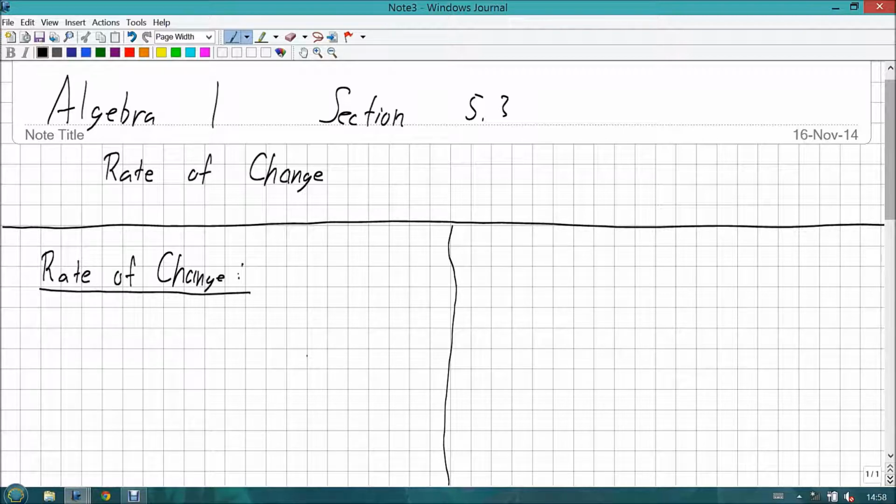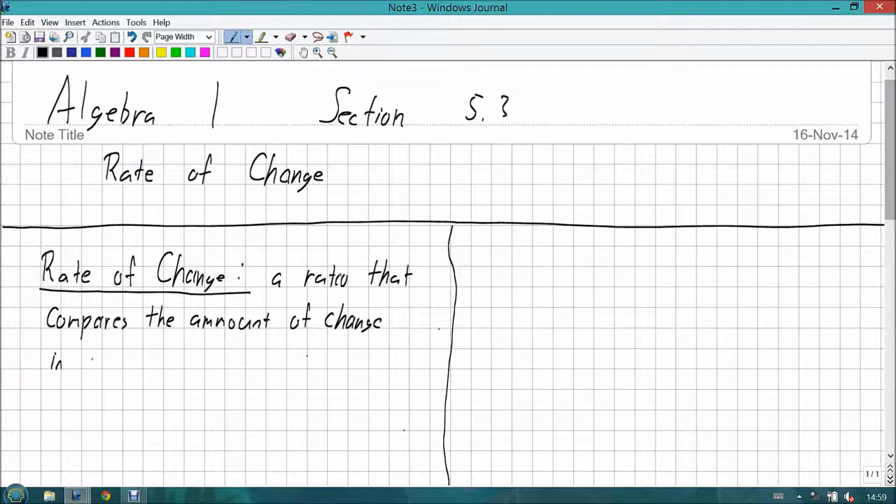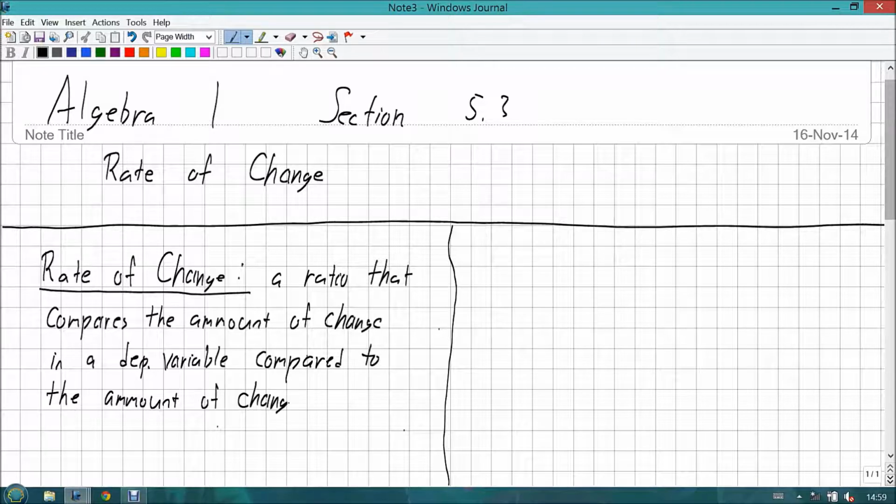So the rate of change is a ratio that compares the amount of change in a dependent variable compared to the amount of change in the independent variable.